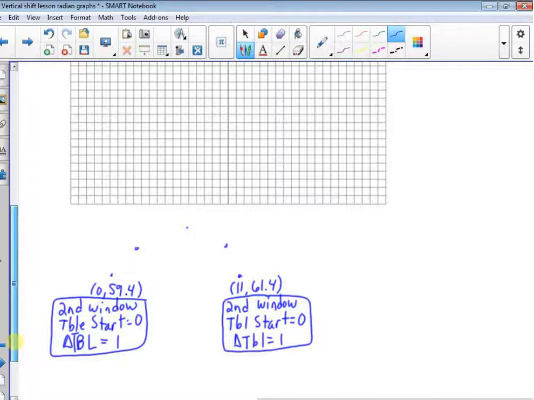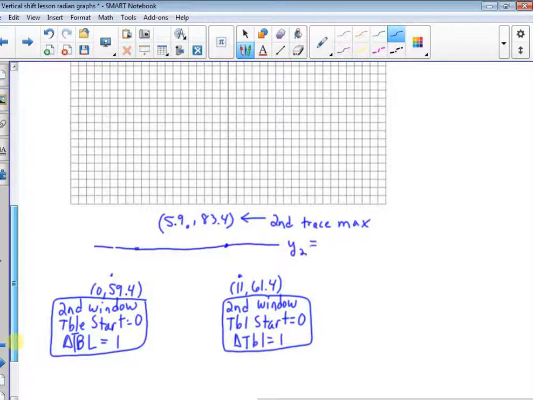Now to obtain this maximum point, this was 5.9, 83.4. So to get that, I just did second trace max. And then remember we had that middle line here, which was y2.